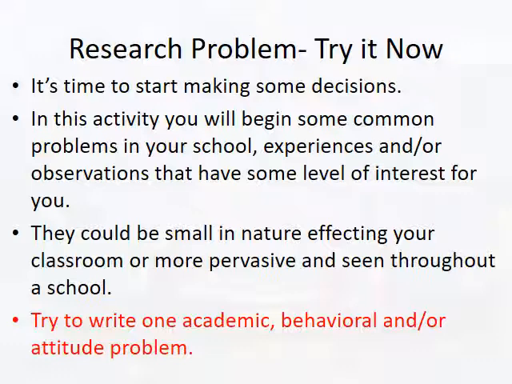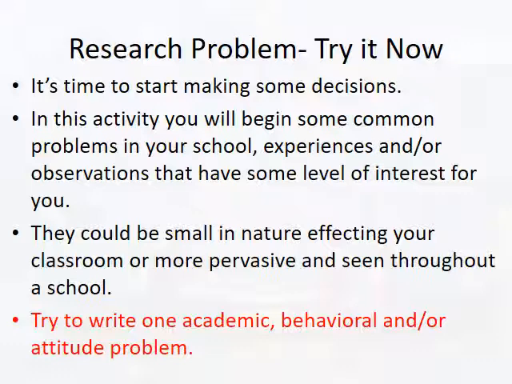Last one. In the next slide, I'm going to ask you to list a couple of different research problems, just so that you give yourself some sort of options. List a couple so you have an idea of different ways that you may want to go with this. As much as you can, try to list one problem that has an academic outcome, one problem that has a behavioral outcome, and one problem that has an attitudinal outcome.